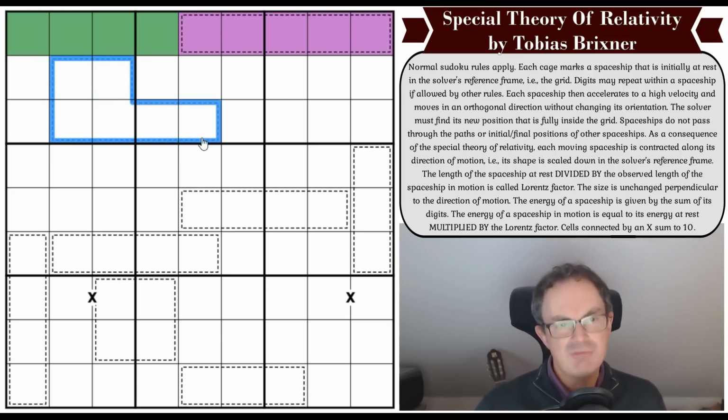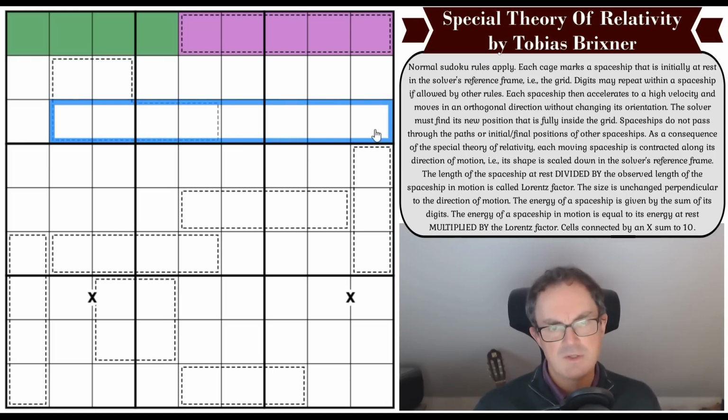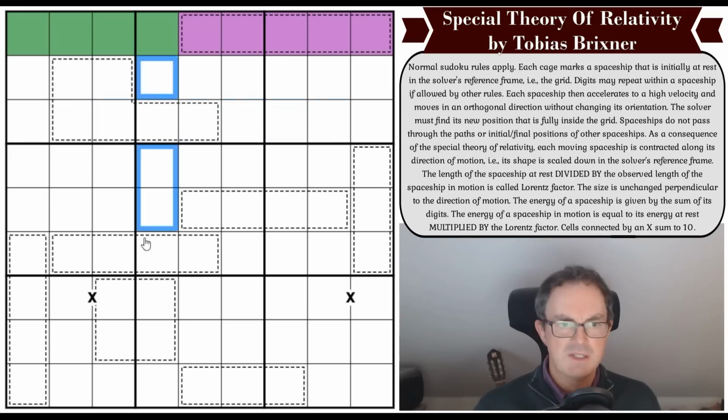Because that has to shrink, or it has to be scaled down. So, hang on, let me just read the rules again. They don't pass through the other positions. They move in an orthogonal direction, that means they move either side to side or up and down.